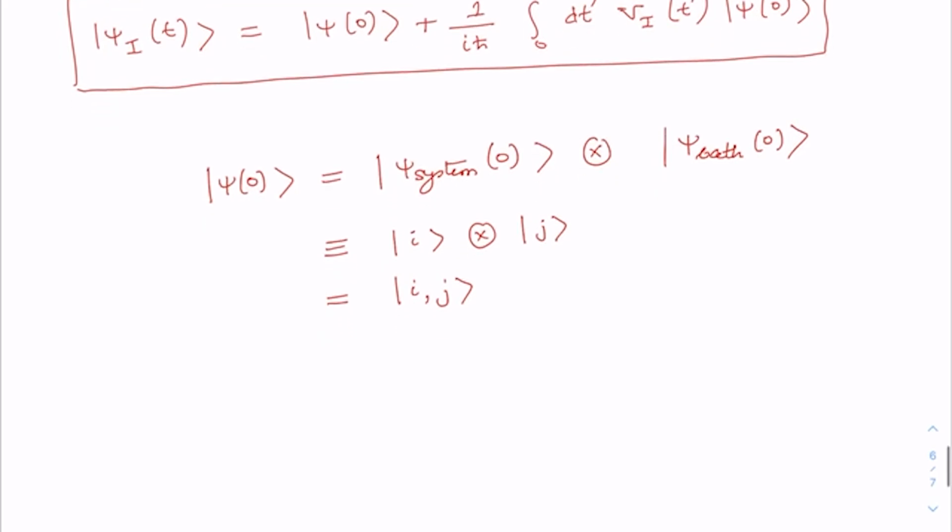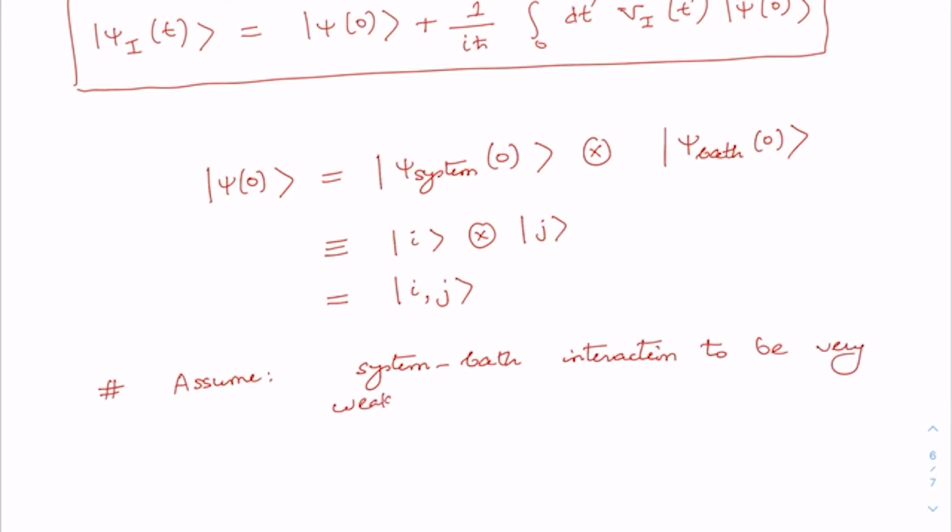Also we will assume the system-bath interaction to be very weak, and the bath or the environment to be so large that the system plus bath remain separable throughout the evolution.